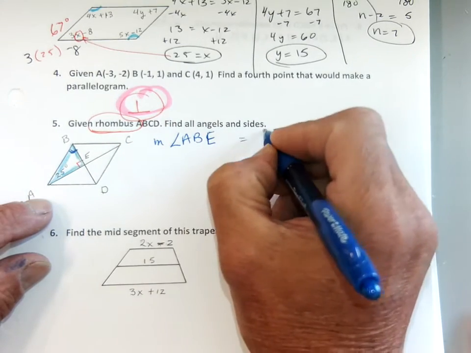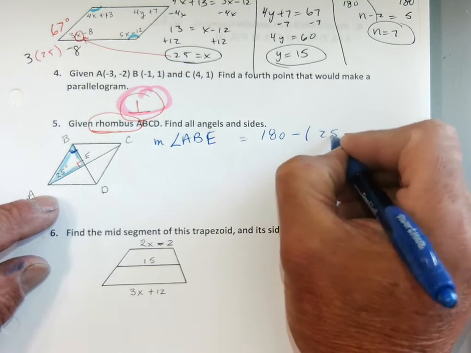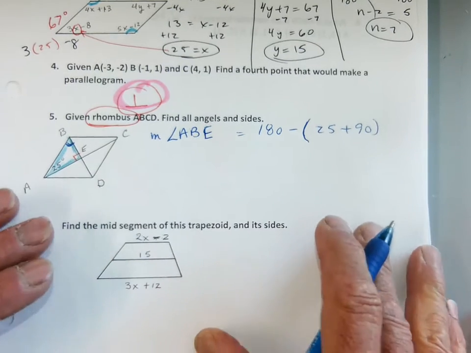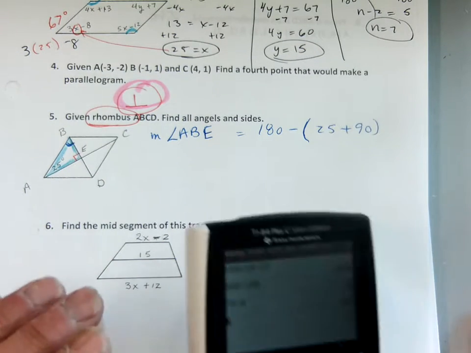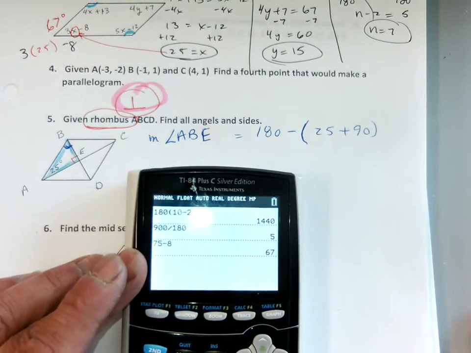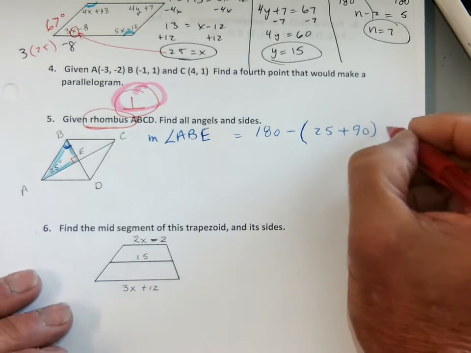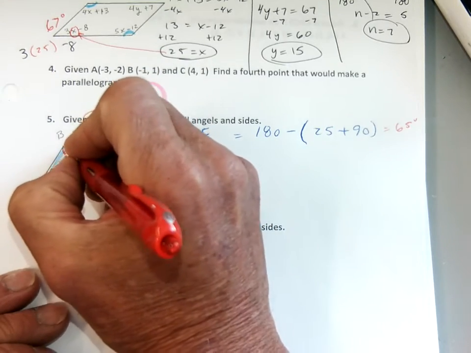I'm just going to go 180 degrees minus my 25 plus my 90, okay? Right? Everybody agree? 180 degrees, so angle ABE, which I think is going to be, what, 65, I'll bet? It's got to be 65. So I get 65 degrees, right there, 65, okay?